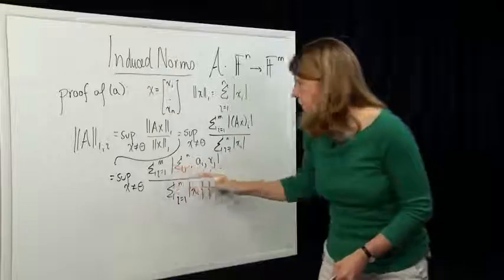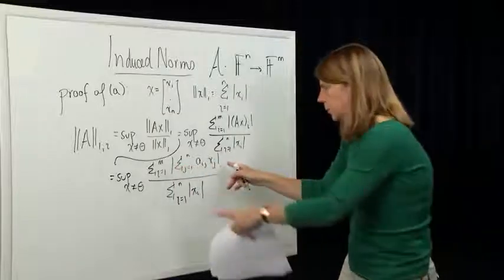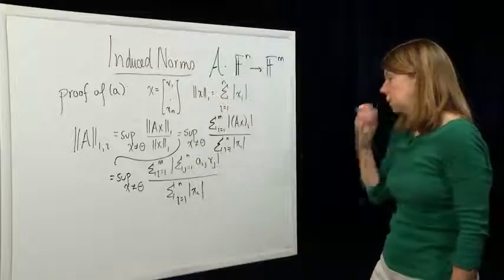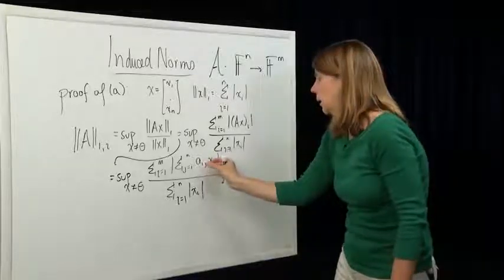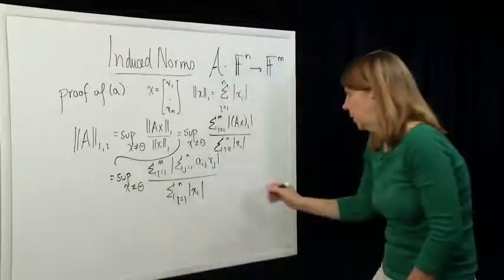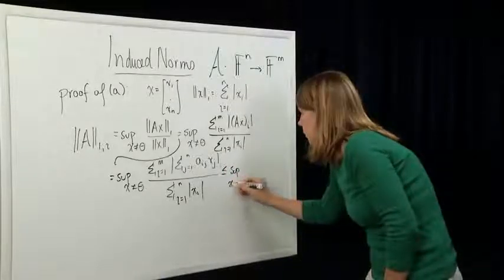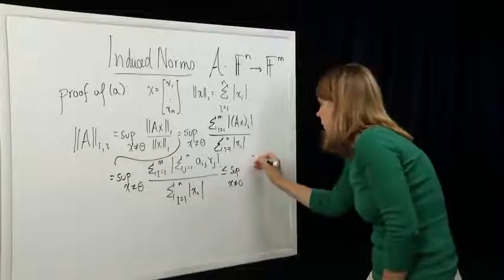Okay, and now I can start to perform some algebra on this. So I'm going to bring the absolute value inside the summation, and then I'll use an inequality here to bound that. So that's going to be less than or equal to the supremum over all x not equal to 0.